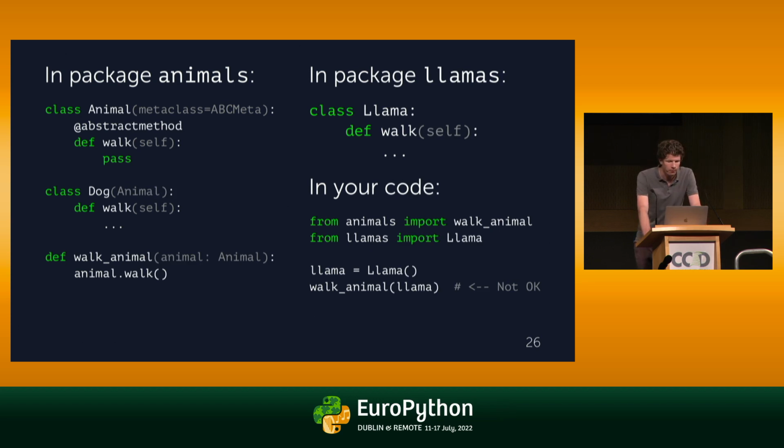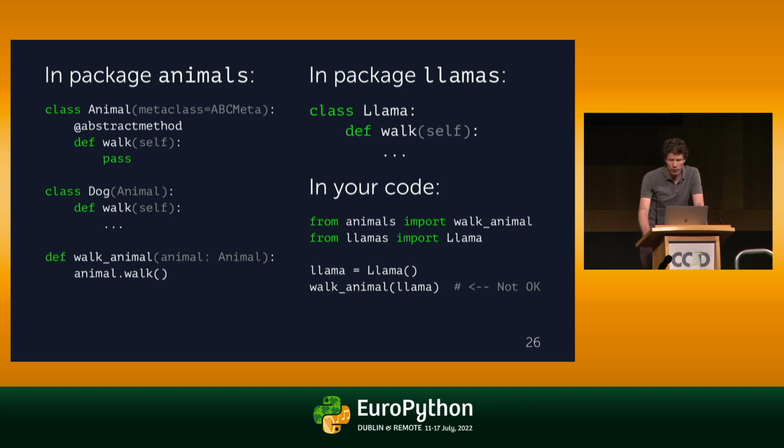Llamas can walk. Now, if in our code we import this walk_animal function from the animals package and then the Llama object from the llamas package, then sure, at runtime we can walk the llama, that's all right. But MyPy will complain that Llama is actually not a subclass of Animal, which is true because, well, they're from different packages, so why would it be?